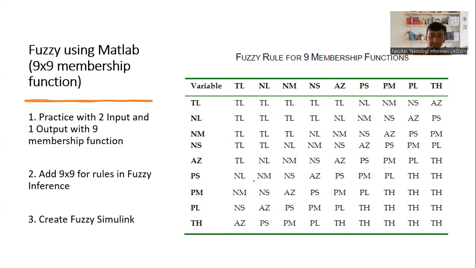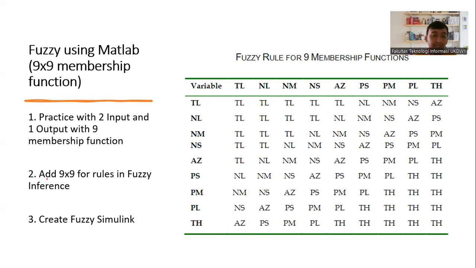After that, I want to explain and show you that we can also do fuzzy logic in MATLAB and create a simulation for our example. In this slide we will practice with 2 inputs and 1 output with 9 membership functions.